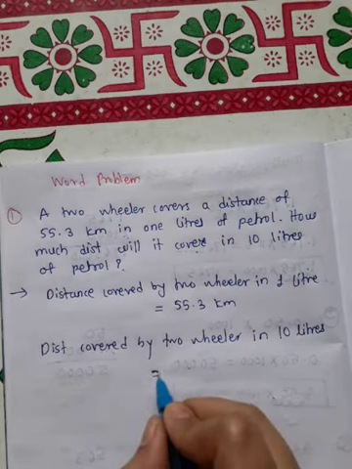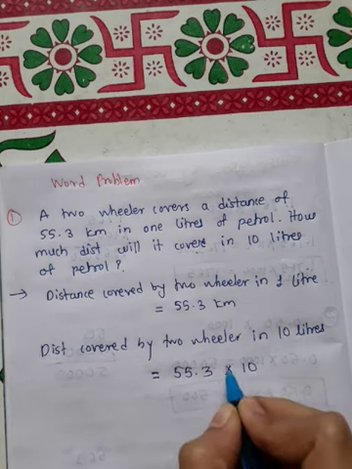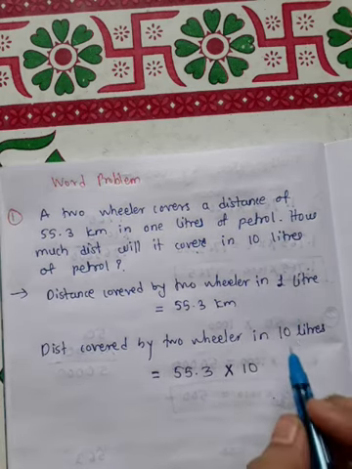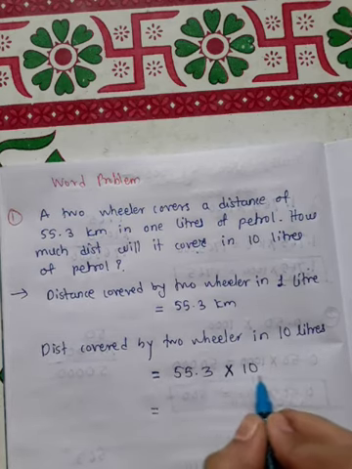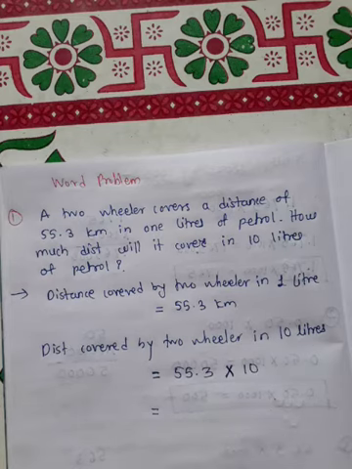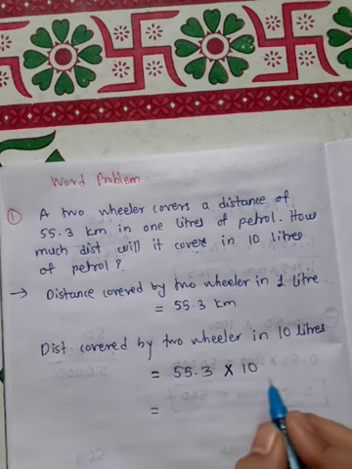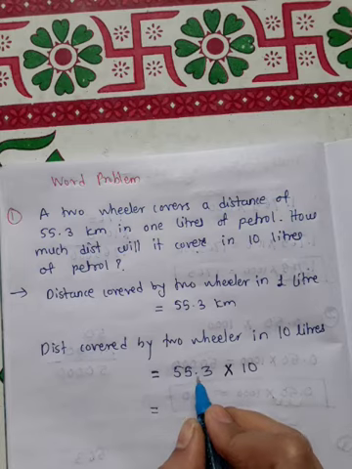So we have to multiply 55.3 by 10, because we are given the quantity for 1 liter, and to find 10 liters we have to multiply. So what is 55.3 into 10? Without any calculation, by the previous discussion, we can do it directly. When we multiply any decimal number by 10, we just shift the decimal point to the right by 1 unit.